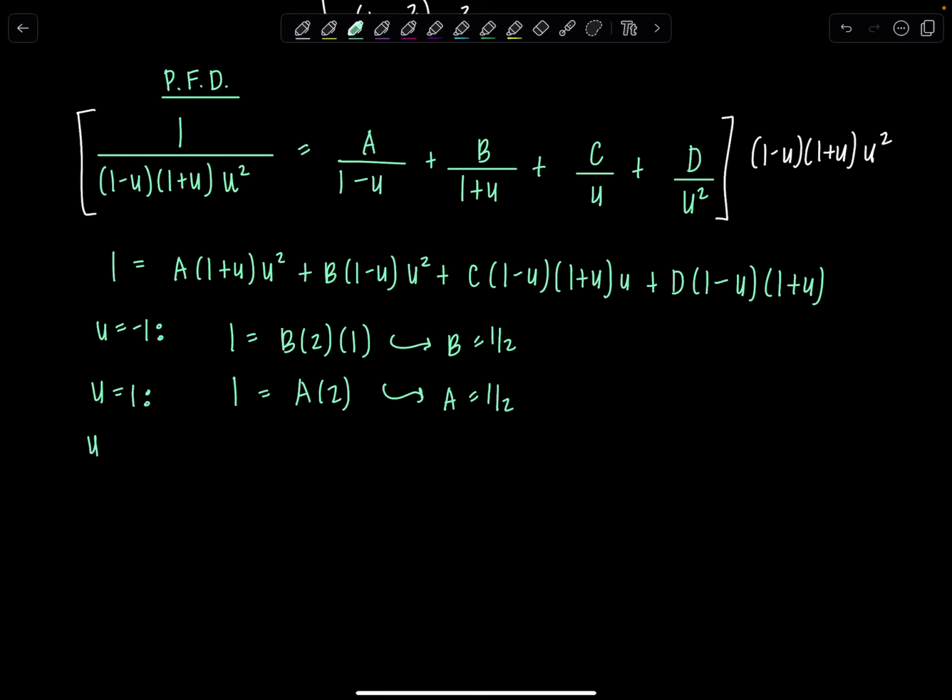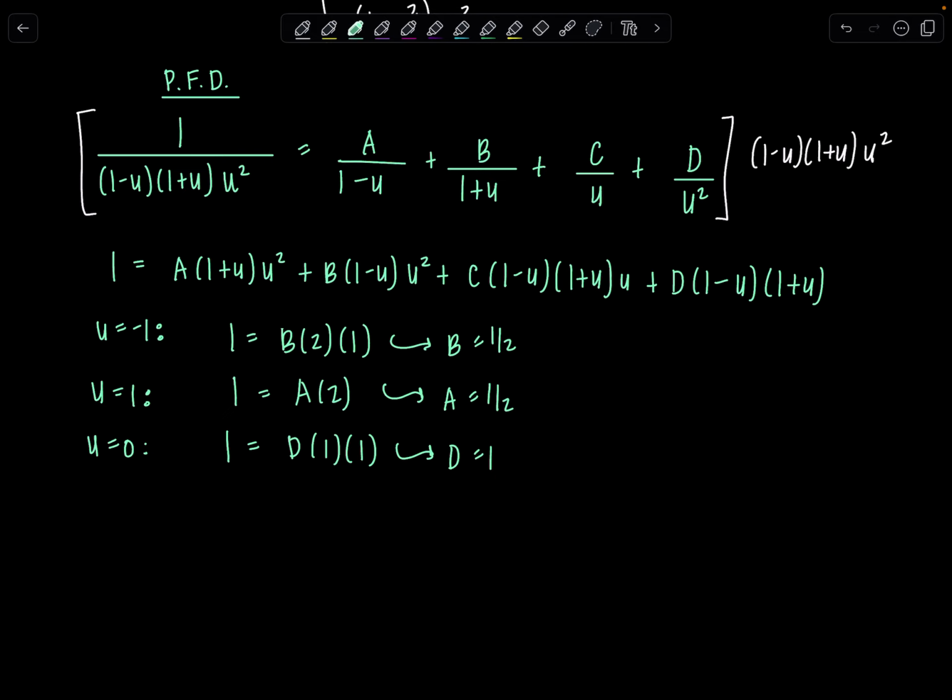Okay, next, let's let u equal 0. So 1 equals, this is gone, this is gone, this is gone. Then we have D times 1 times 1. So D is 1. And then we need to find C. And you're like, what do I plug in for u to zero everybody out?